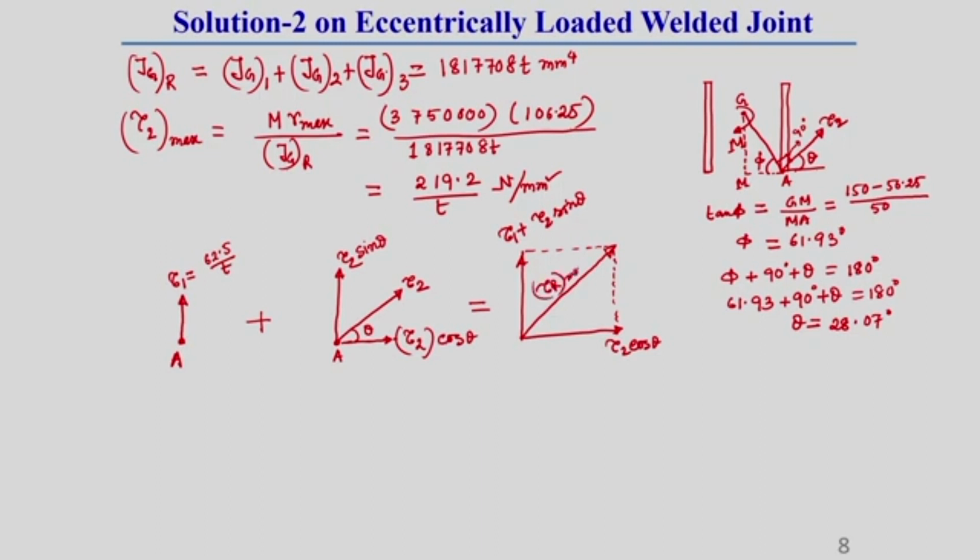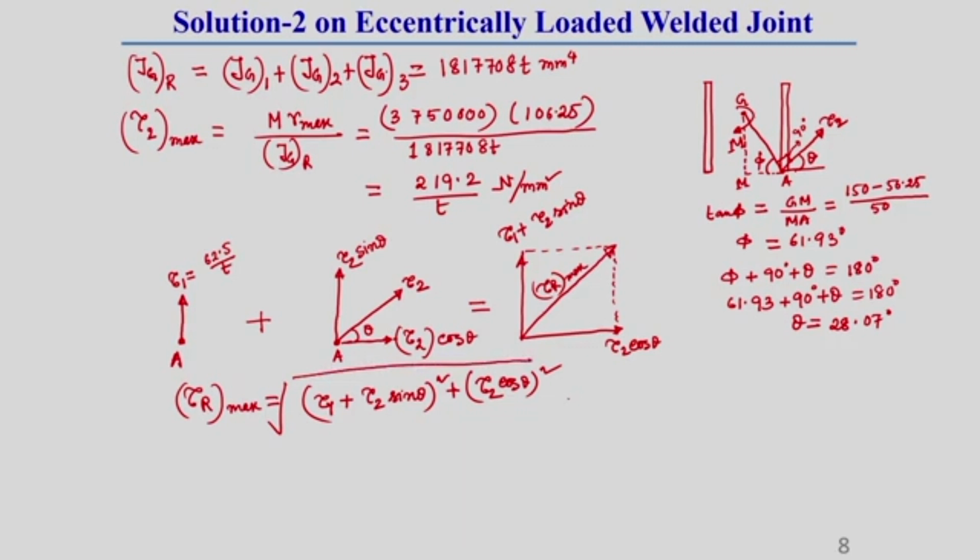Tau r maximum will be equal to the square root of (tau 1 plus tau 2 sin theta) whole square plus (tau 2 cos theta) square.